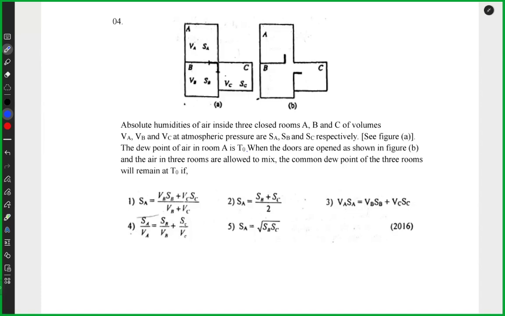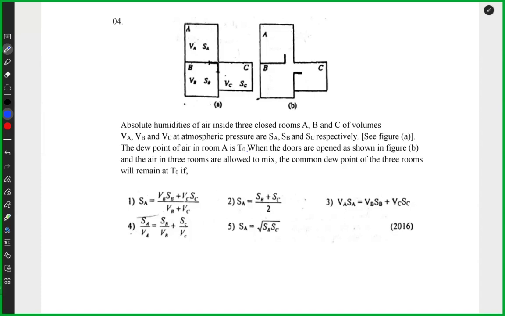See, when you go from A to B, if you have the same environment, we have the same water vapor density per unit volume. Water vapor density means the amount of water vapor per unit volume. If you have the same amount of water vapor per unit volume, then for sure the dew point is going to be the same, right? Is there a reason for it to change if the environment is not different per unit volume?